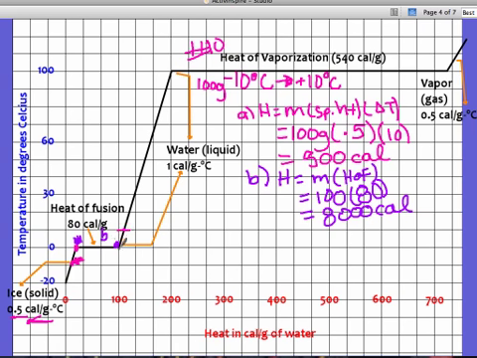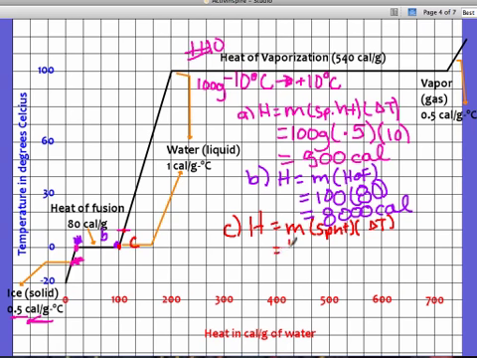Last portion is when we go from 0 degrees Celsius all the way up to a positive 10. I'm going to call that part C. So here's part C of this problem. I have a change in temperature, so I'm going to take H equals M times my specific heat. Remember, that's like my toll. Then multiply it by my change in temperature.